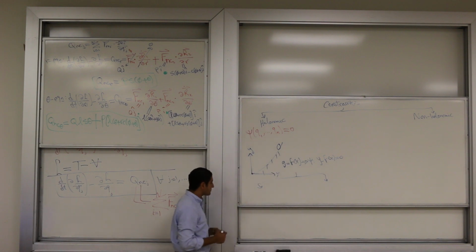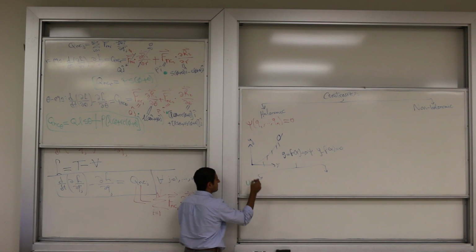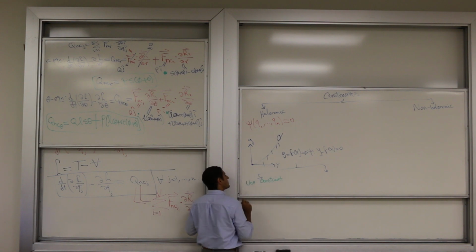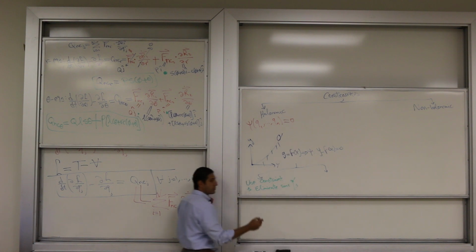Okay? So you can use constraints to eliminate some Q's. This is what we have been doing.